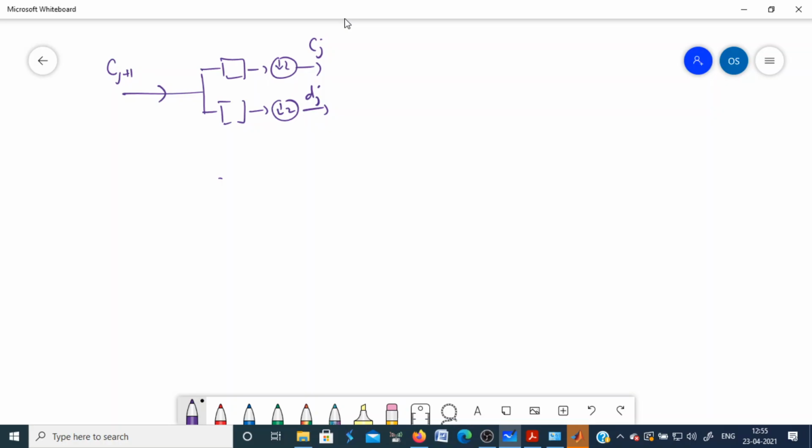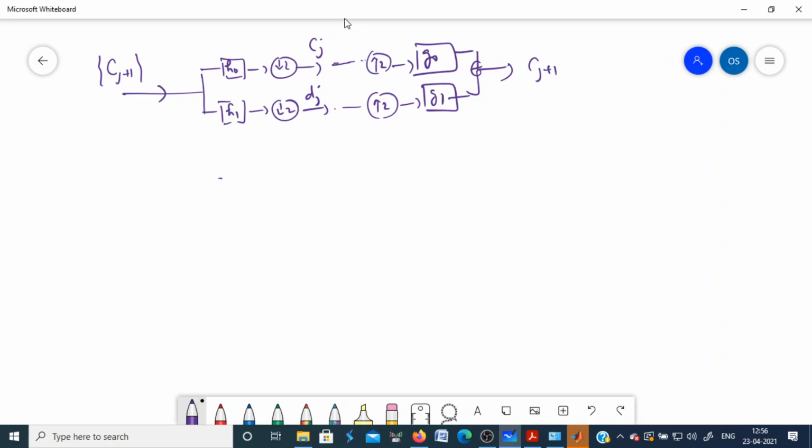Then how can you get Cj plus 1 back from this? You have to first interpolate. This has to be given as input to another filter bank, where the first stage is interpolation by a factor of 2, and then we have other filters. The outputs of these two are added together, and you will again get Cj plus 1. Okay, so this is one filter h0, this is another filter h1, this is, suppose, g0, this is g1. So this becomes a basic structure in the filter banks.